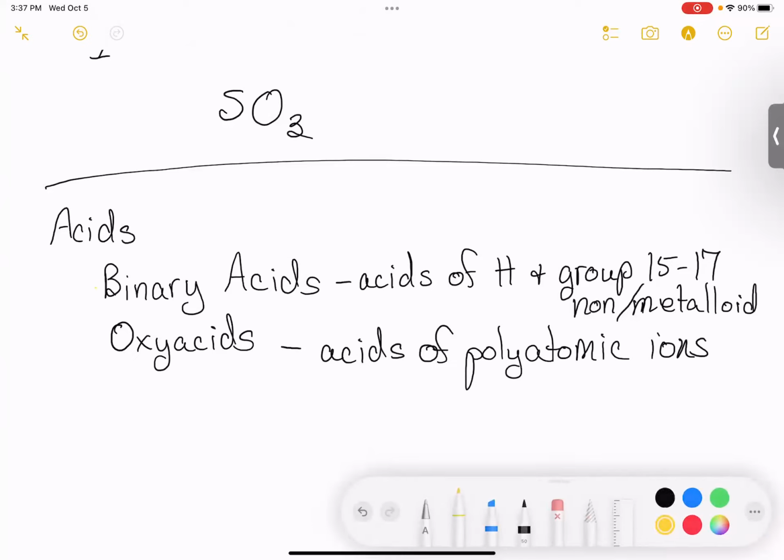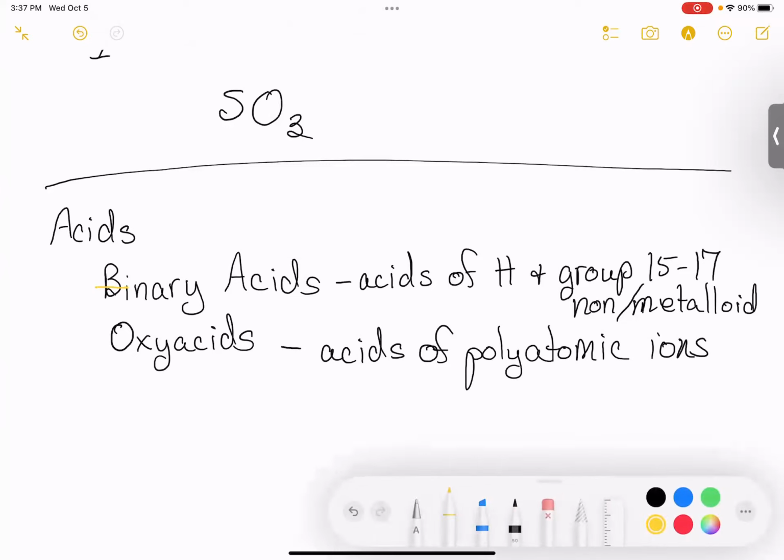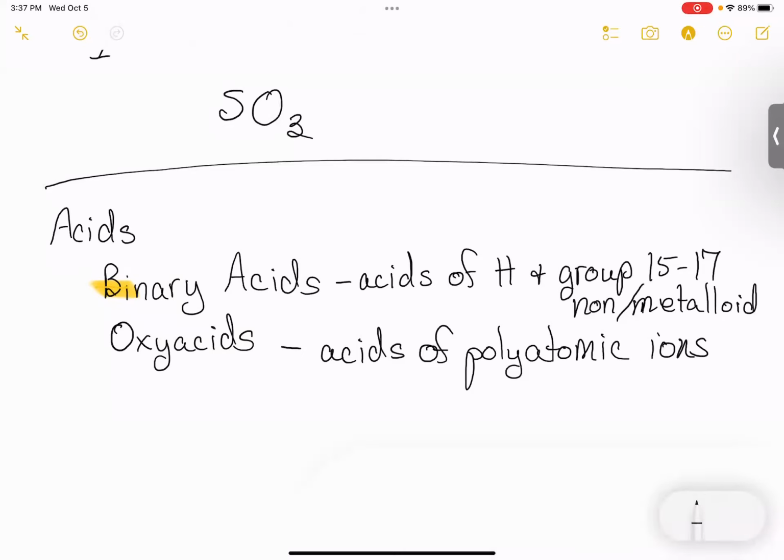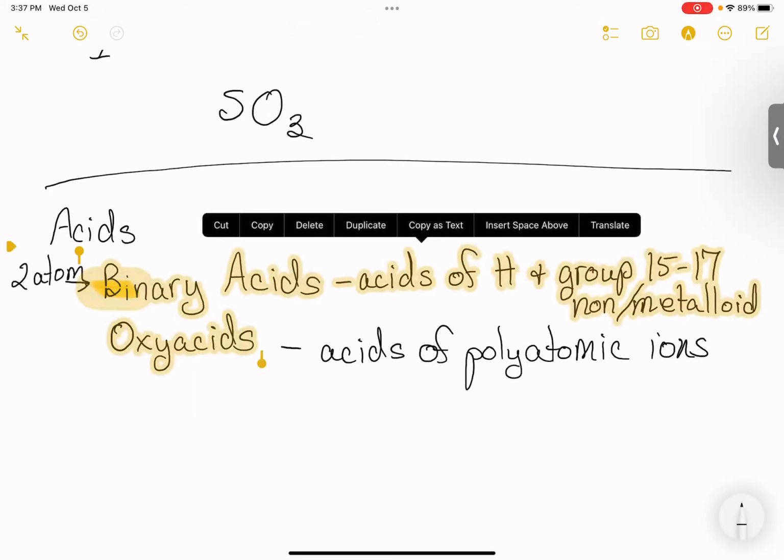So binary acid, binary means two atoms, one of which will be hydrogen.